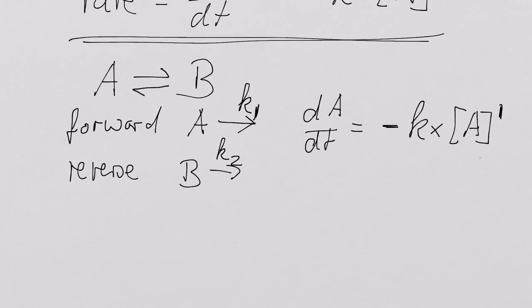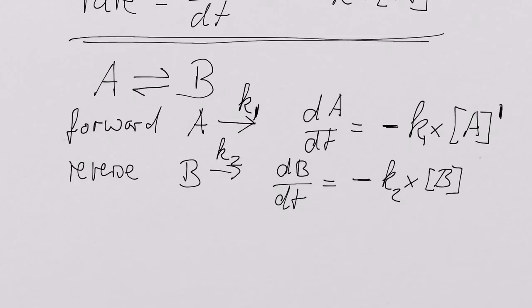And for that we can write dB over dt equals plus or minus. So again, it's a minus because the B is converted into something. Minus K2 times B. Again, we'll make this a first order reaction. Yeah, it makes sense so far. There's nothing terribly exciting, but it gets exciting in a minute, I promise you.